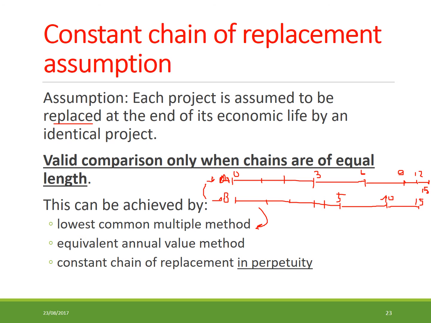The last method is the constant chain of replacement in perpetuity. In this case, we are bringing the project to perpetuity, right? So we assume that we keep repeating Project A until forever, yeah?